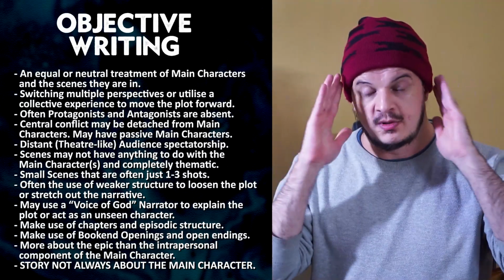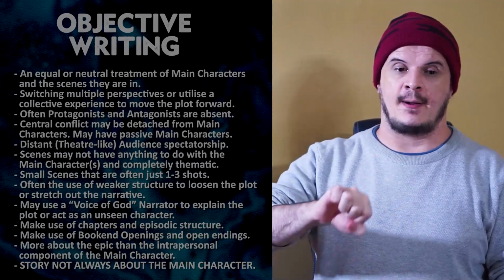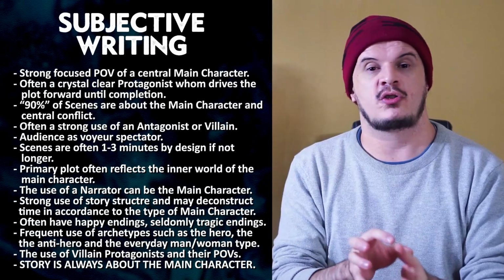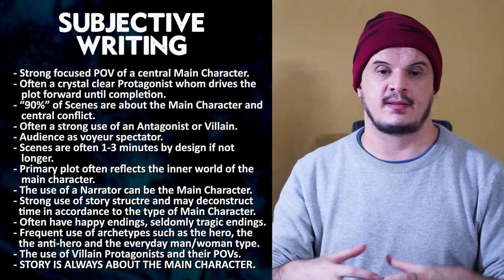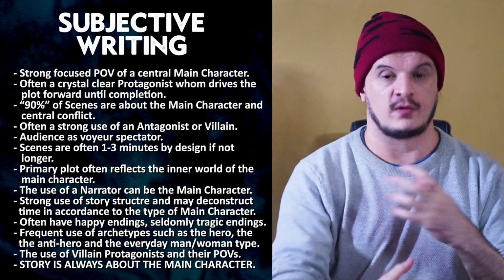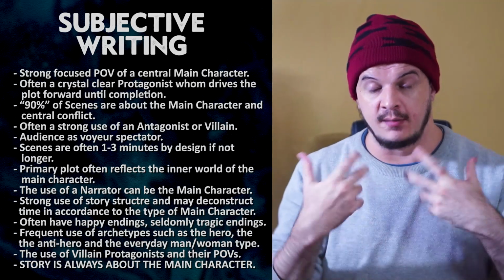They often have an objective perspective, whereas I favor more the subjective approach to writing the main characters and dealing with the scenes. That objective or subjective way of storytelling is how you define yourself as a writer, and it's very important to understand that perspective going forward in anything that you do.